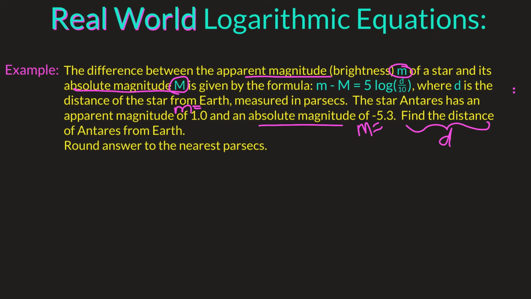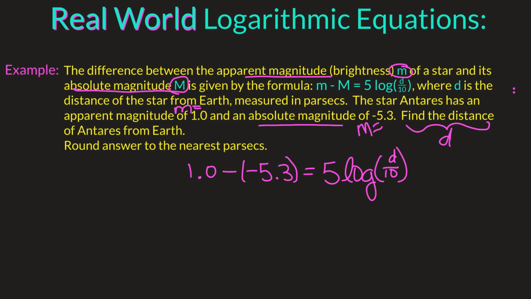So lowercase m is going to be 1.0 minus uppercase M, which is a negative 5.3, and that equals 5 log of d divided by 10. Okay, so this is just solving a log equation. Let's go ahead and figure out what this is.